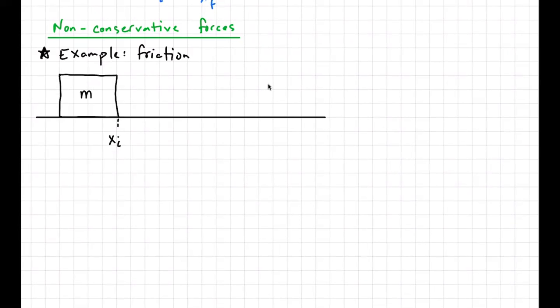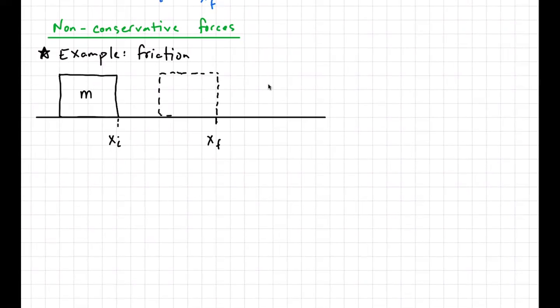Again, we'll define the plane to be the x coordinate. And there's some final x position here that the mass ends up at. All right, so how would we calculate the work done by friction between xi and xf?